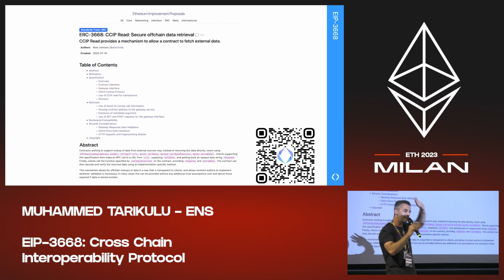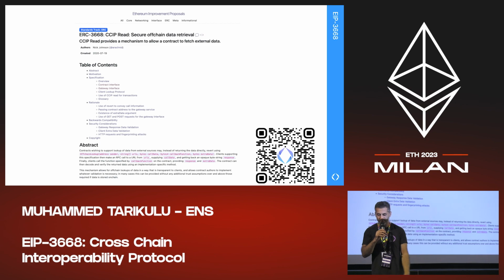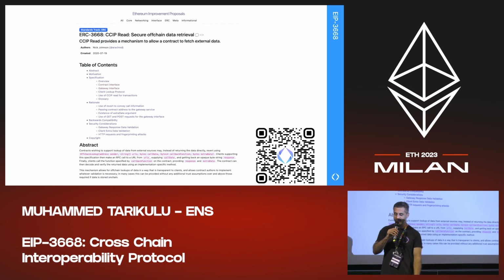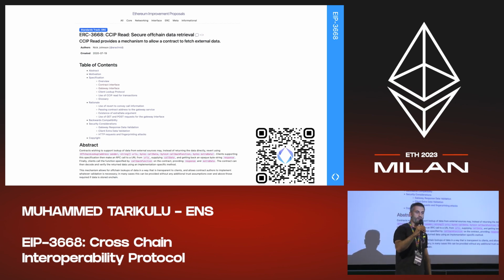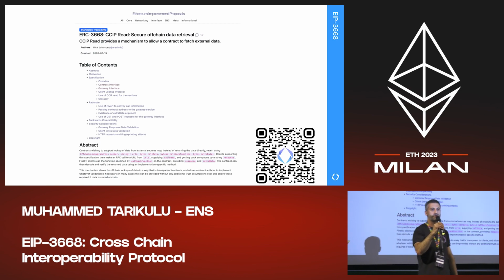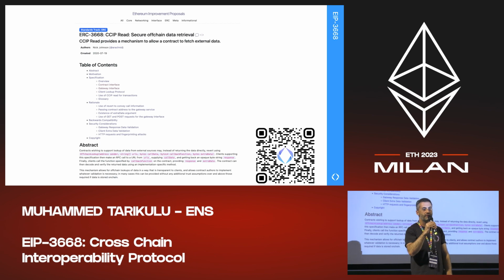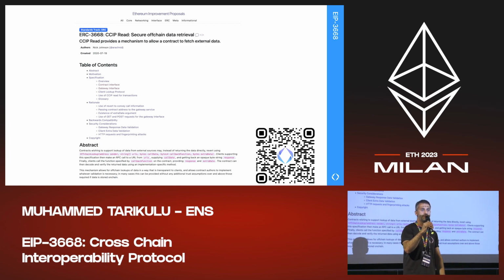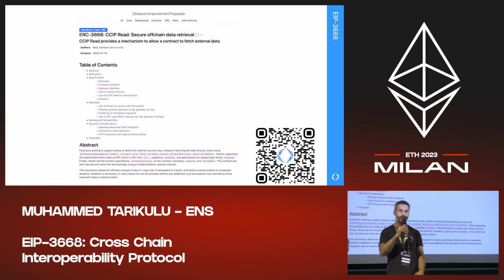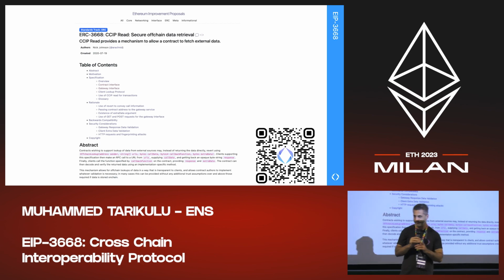Basically, this is a standard way of retrieving information from off-chain to on-chain, so we don't have to do things or store things on-chain, which eliminates many things, and of course, the gas cost.